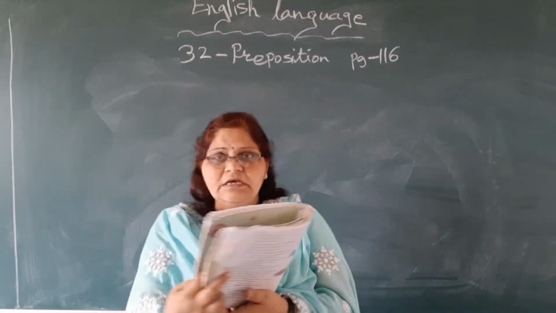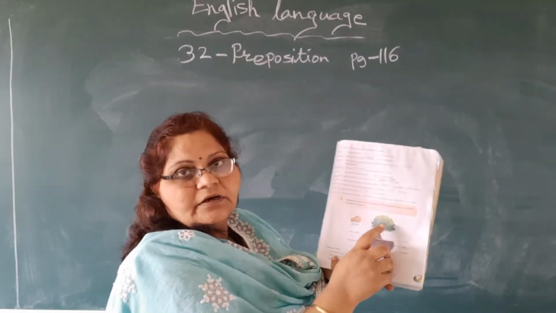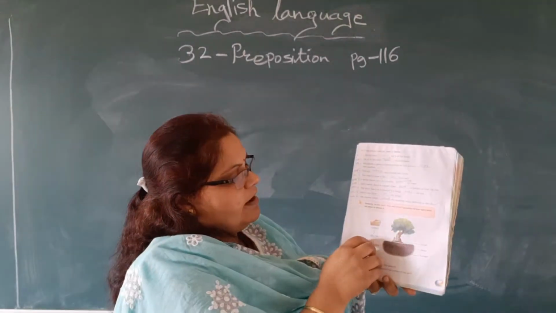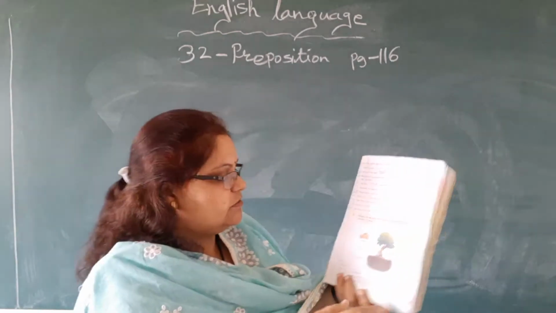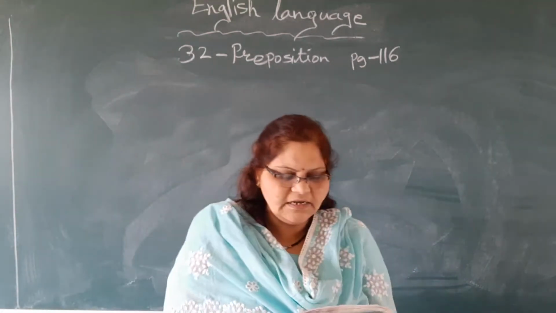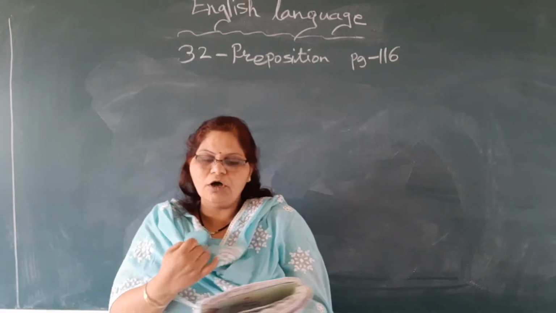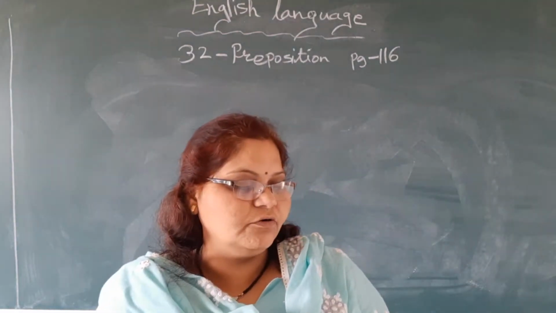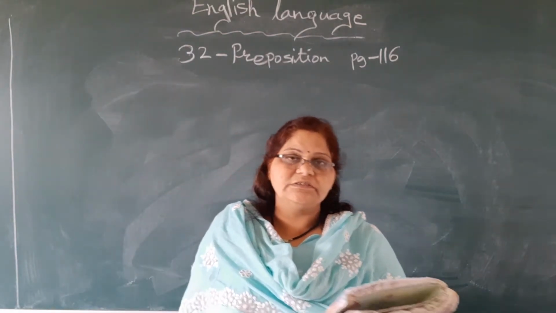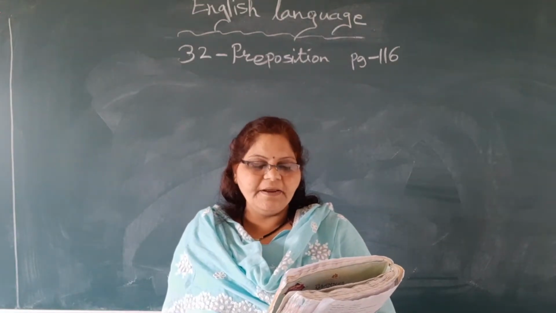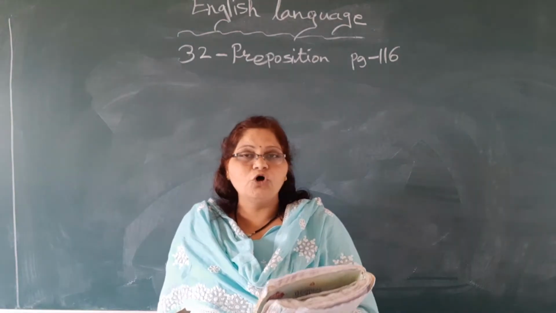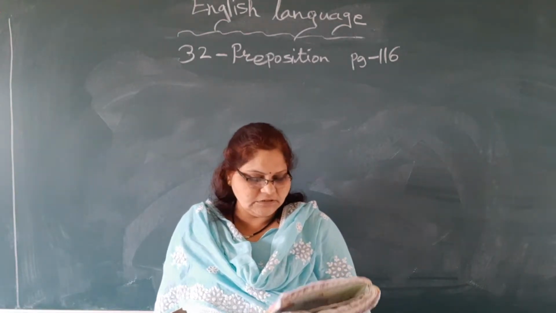After exercise number C, page number 117, you can see a picture, a tree is there and a hand. So we can see what words are given on this page. Similarly, we use under, below, beneath. The preposition words we are going to see, under, below, beneath, depend on how much below the object or person is.